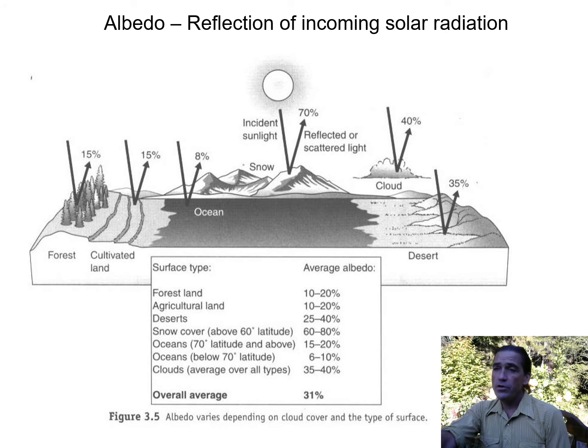So this figure shows some of the surfaces that have a very high albedo, such as deserts and snow, ice, clouds, etc. And so we do get a value of about 30% in terms of energy that's reflected back.